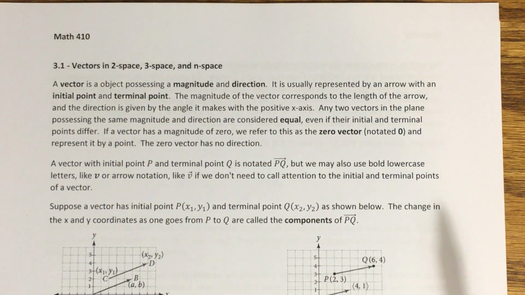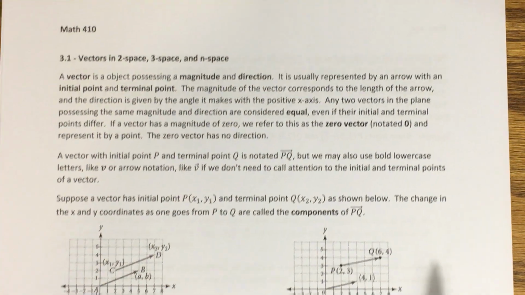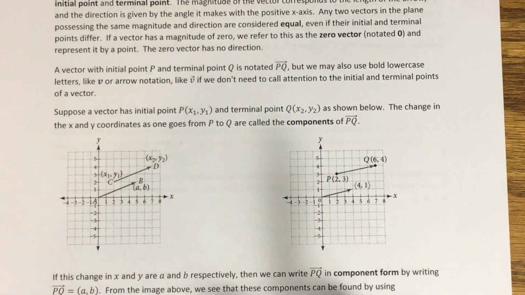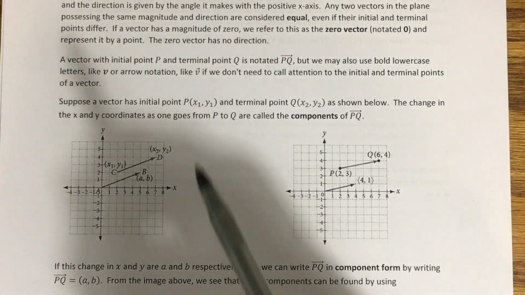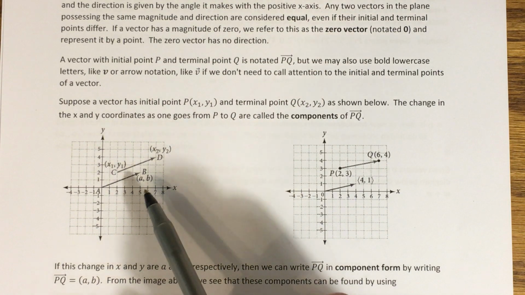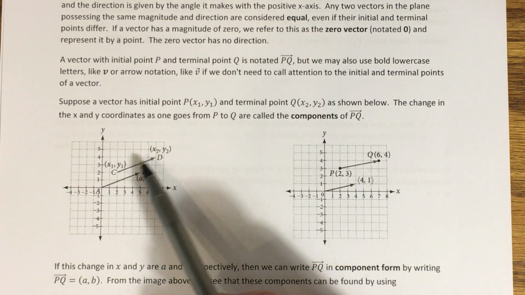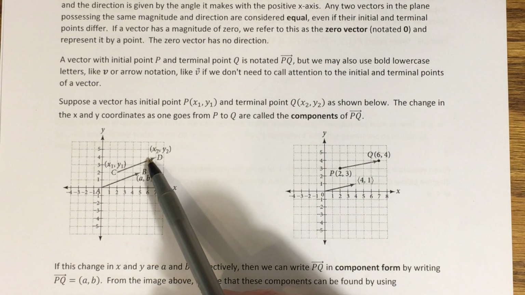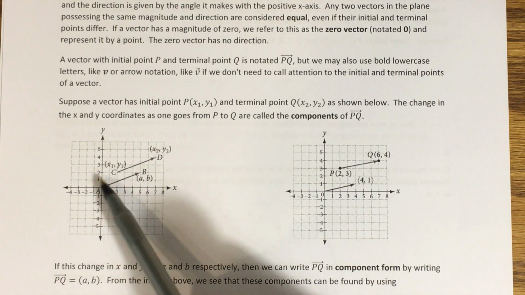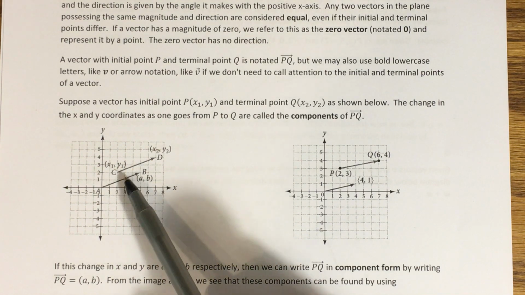A really important property of vectors in the plane or in space or in any generalization of that is that if a vector has a specific direction and magnitude, we consider that vector to be equal to any other vector in the plane having the same direction and magnitude.